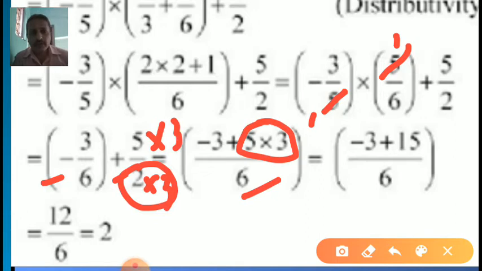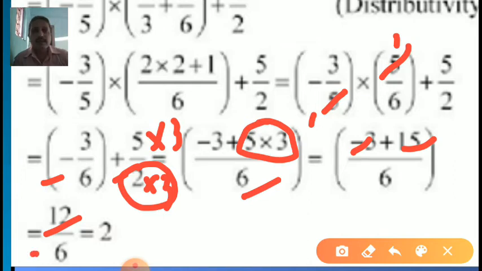Is it, students? Yes, good. Now check out what will be there. Now there is a minus 3 and 5 3s are 15. Yes, 15 minus 3, that would be 12, and 12 upon 6. Any possibility to cut numerator and denominator?